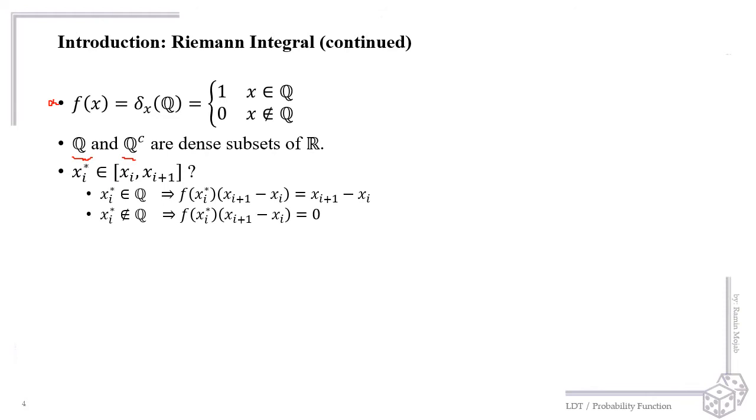This is important because when we want to select xi star in this interval, xi to xi plus 1, we don't know if it is a rational number or an irrational number. If it's a rational number, then we'll have this value. If it's an irrational number, then we'll have 0 here, and therefore the Riemann sum is undefined for this function.